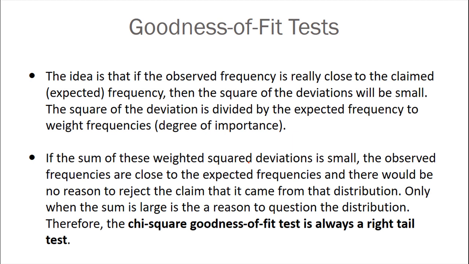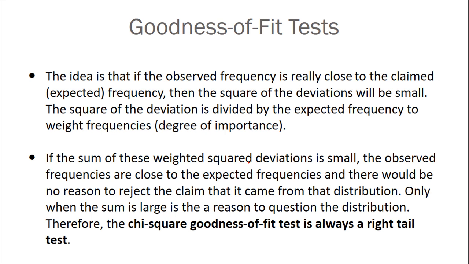If the sum of these weighted squared deviations is small, the observed frequencies are close to the expected frequencies, and there will be no reason to reject the claim that the data came from that distribution. Only when the sum is large is there reason to question the distribution.